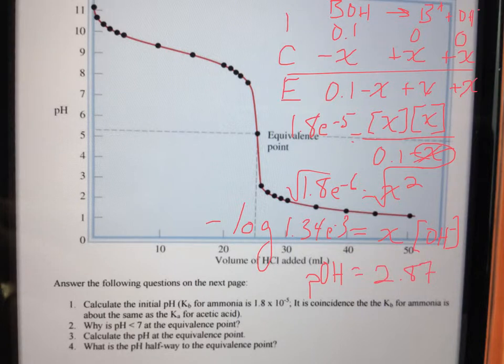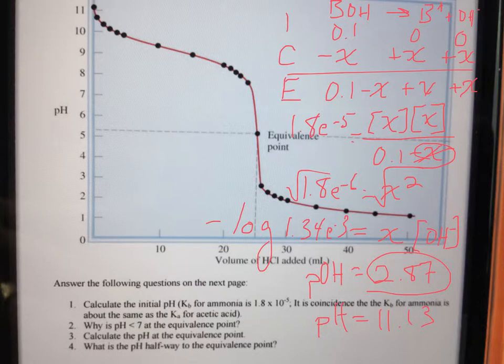Now again, we are solving for pH, so we want to look at the difference between this value and 14. And so our pH is going to be 11.13. So that is the initial pH for this weak base.